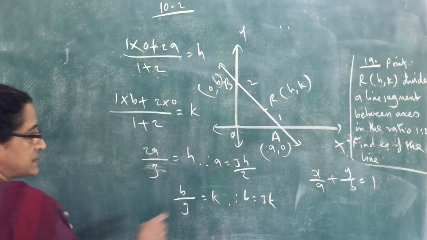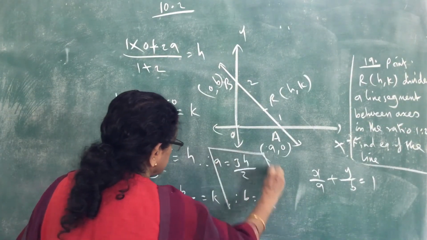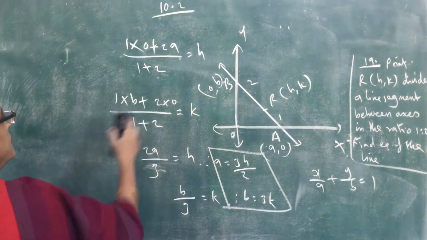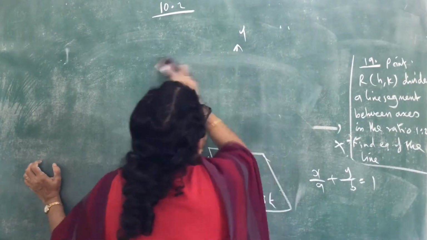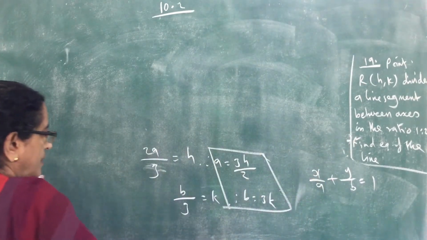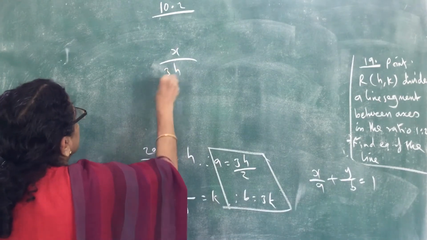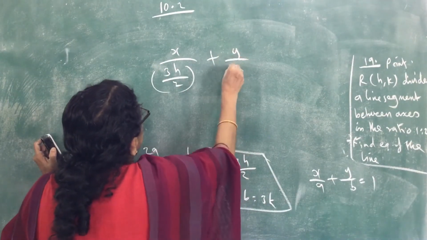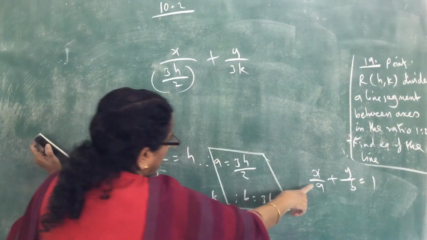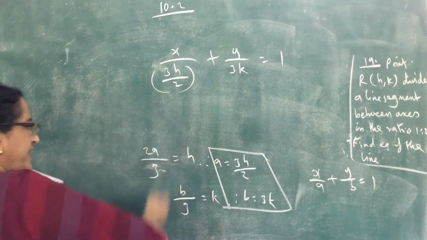Now we substitute this A and B in this equation: x by A, that is x by 3h by 2, plus y by B, y by 3k, equal to 1. So now we can simplify.